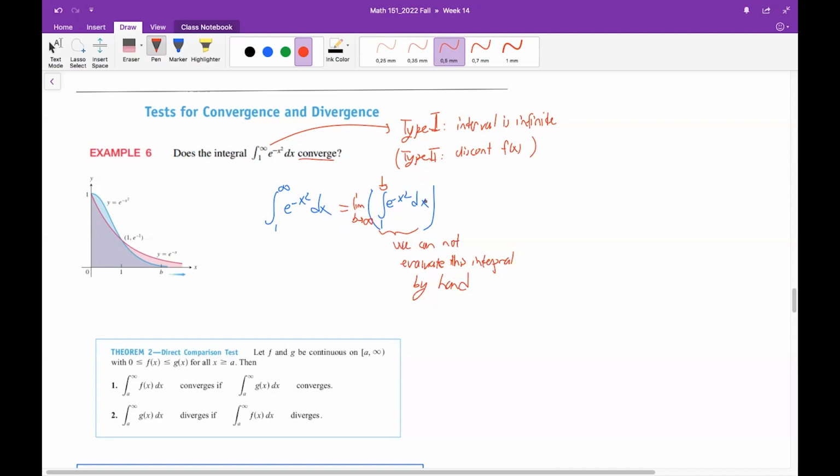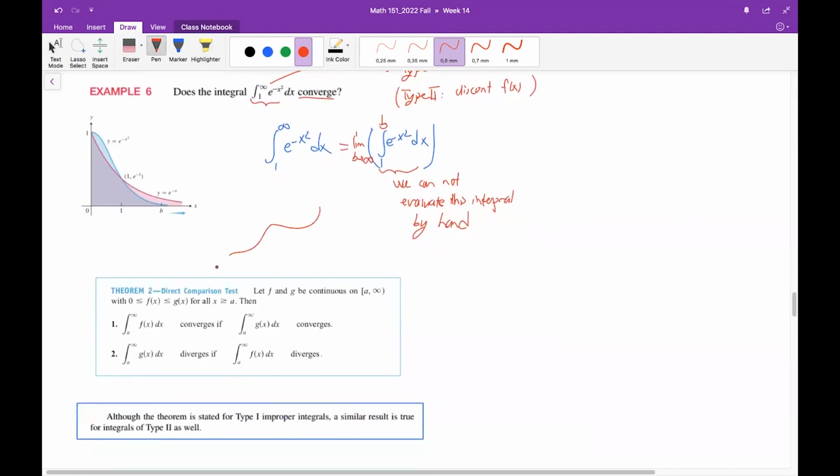But we don't want to compute its actual value. We just want to determine whether it is convergent or divergent, meaning whether the result is finite or infinite. To decide this, we have a very useful tool, which is called the direct comparison test.